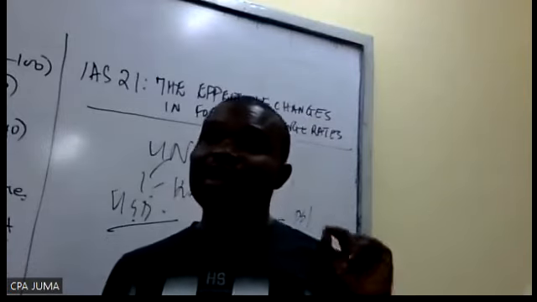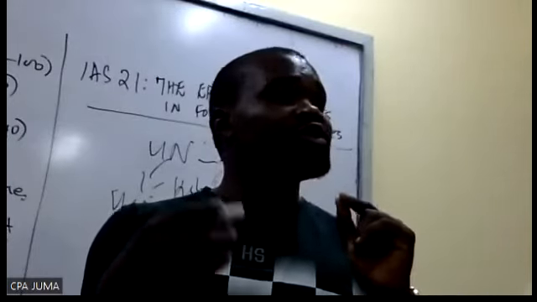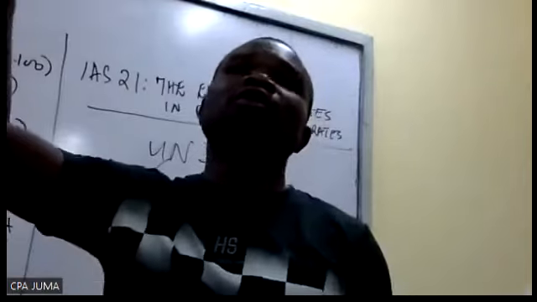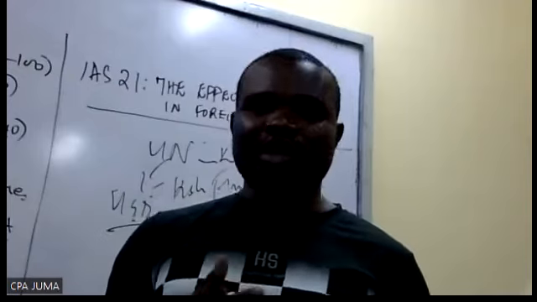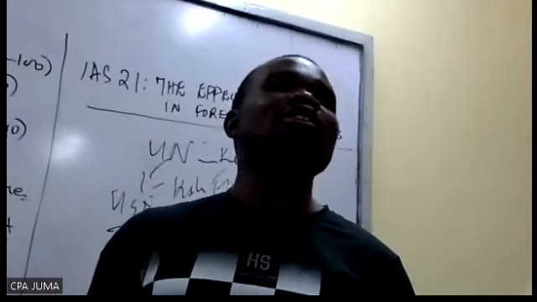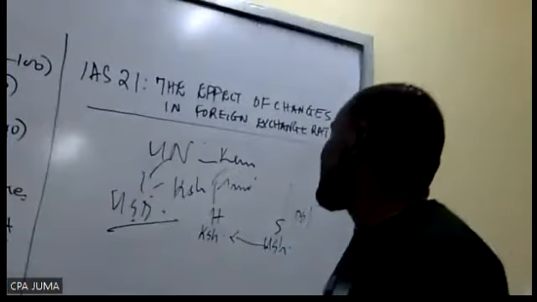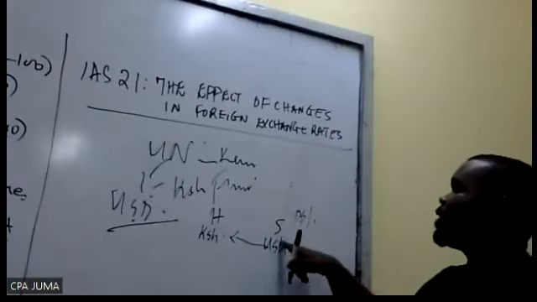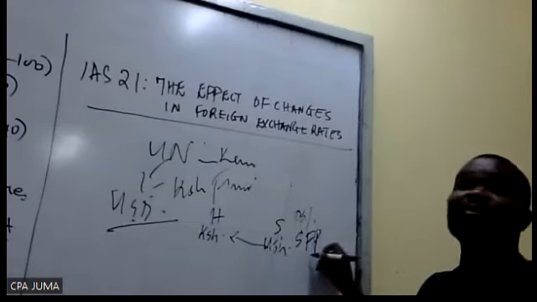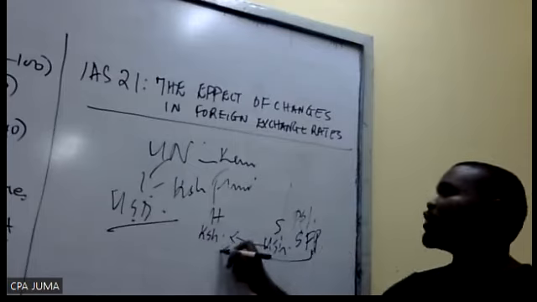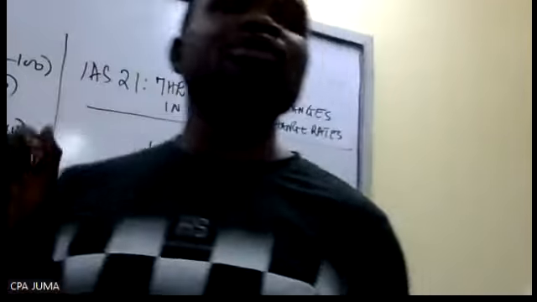So if subsidiary is in Kenya, then you translate the operations of the subsidiary from Kenya to France. You translate them to where the parent is operating from. So I think because this exam is Kenya-based, the parent must be in Kenya. So in that case, you have to translate all the items of P&L of S into Kenya shillings, and also the statement of financial position items to Kenya what? Shillings. So the question will be, which rate will you use to translate?